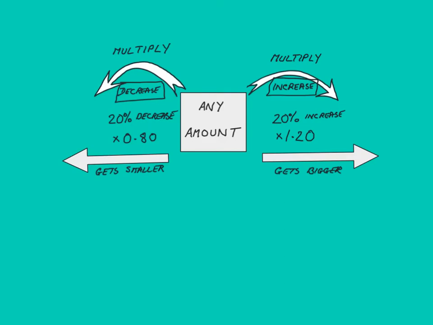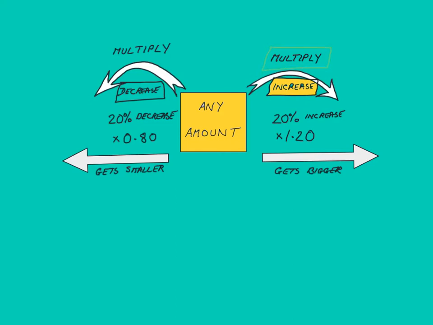This picture summarizes the two different processes. If we start off with any amount and we want to increase it, then we multiply. We multiply as it shows up here.